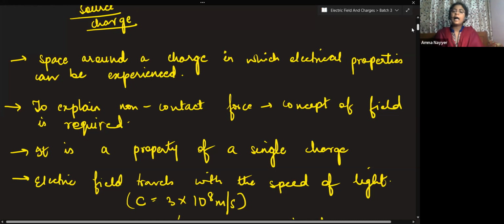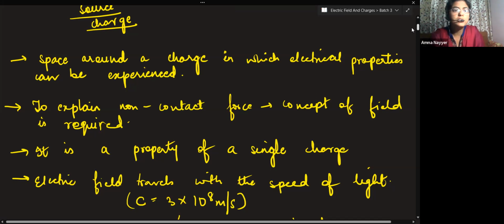And one more property of electric field is that electric field travels with the speed of light. The speed of light is 3 into 10 to the power 8 meter per second. So this is the speed with which electric field lines travel.